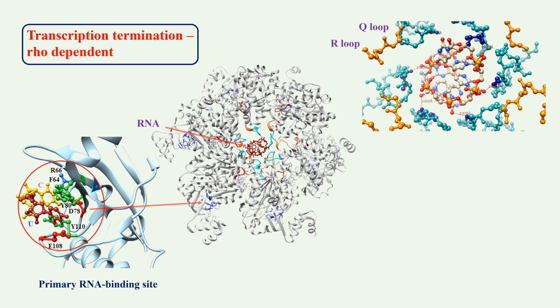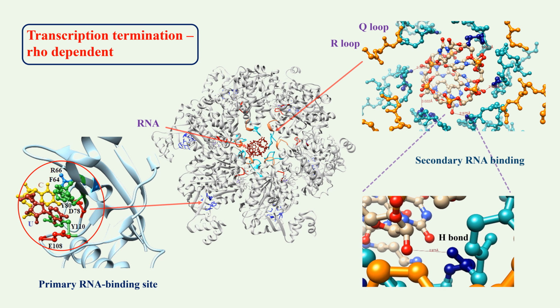The secondary binding sites in the Rho CTD are the conserved Q and R loops. Now, compared to primary binding, the secondary binding is more non-specific. However, the carbonyl group of a Rho valine residue in the Q loop hydrogen bonds with the 2' hydroxyl of RNA ribose.